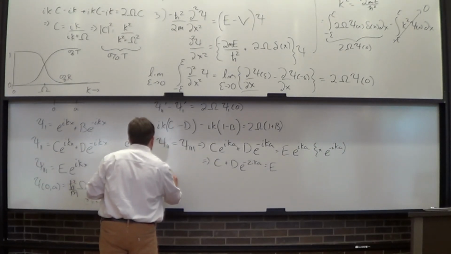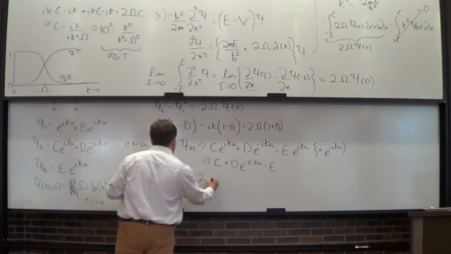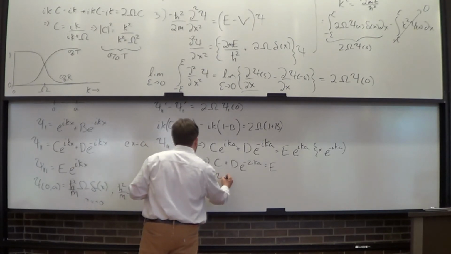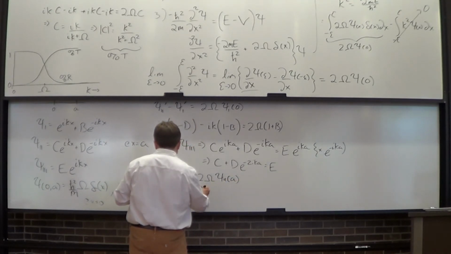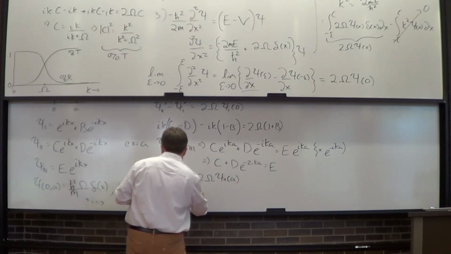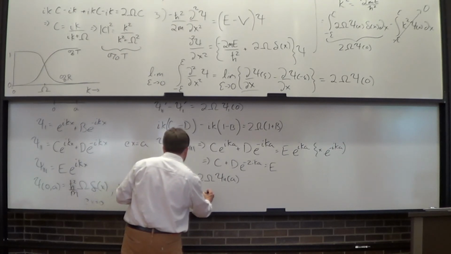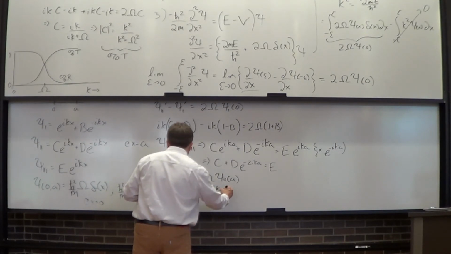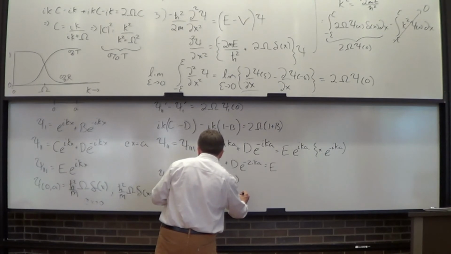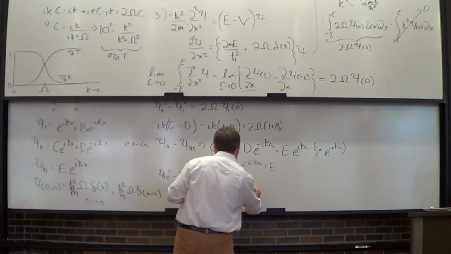the double derivative in region 3. The single derivative in region 3 minus the single derivative in region 2 is 2 gamma times the wave function, and I'll pick region 2 at A. What that means is that in region 3, the derivative is IK e to the IKA, minus the region 2 derivative, that's minus IK, and I'll factor that out.